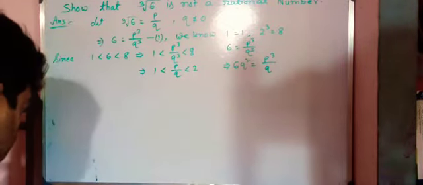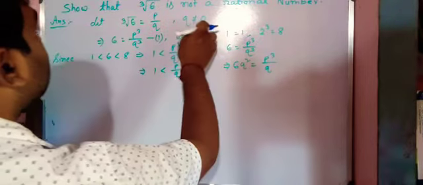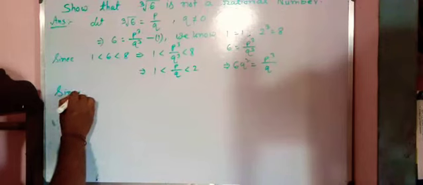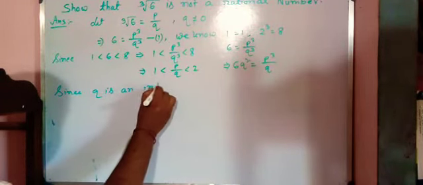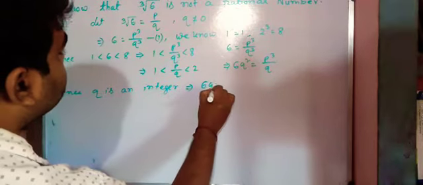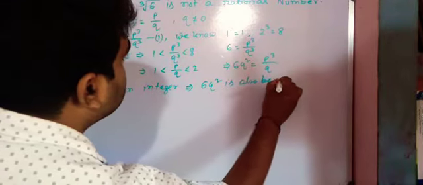Since p, q are integers, q is an integer, that's implying 6q square is also an integer.